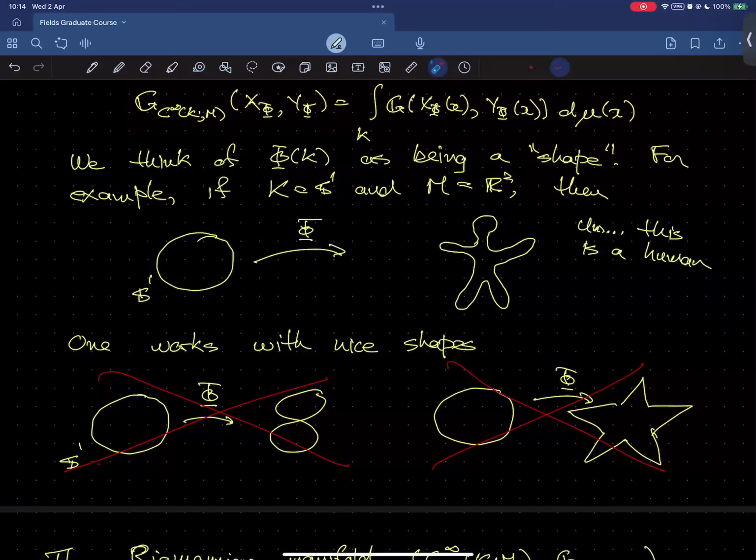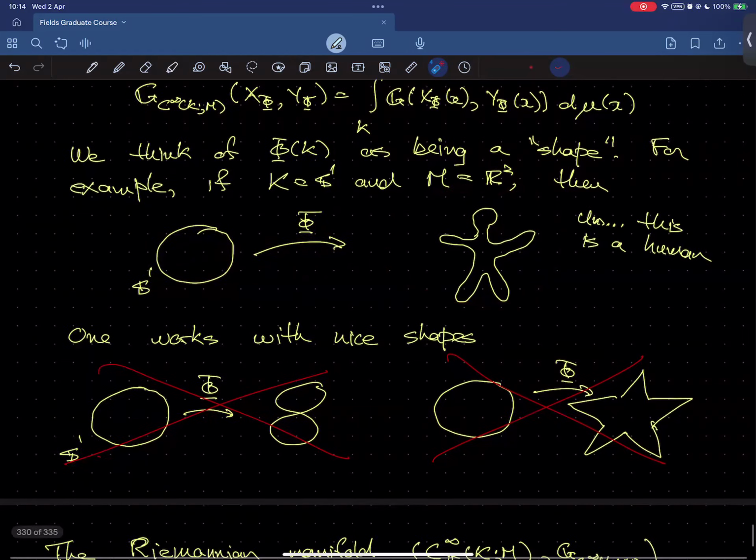And so in some manifestations of this, if my compact manifold is, say, the circle, and my codomain manifold is R2, then what's the shape going to be? Well, I take the circle and I map it under phi, and I get something here, and this is a blob. It's supposed to be like some sort of facsimile of a human. So if I change the mapping phi, I change what the blob looks like.